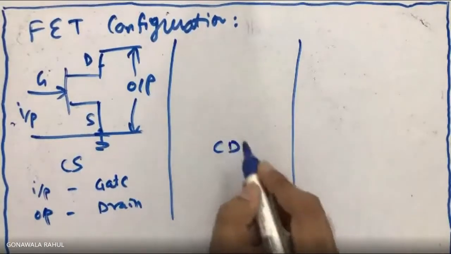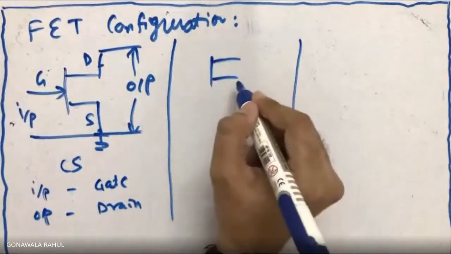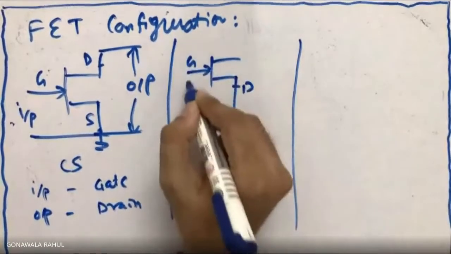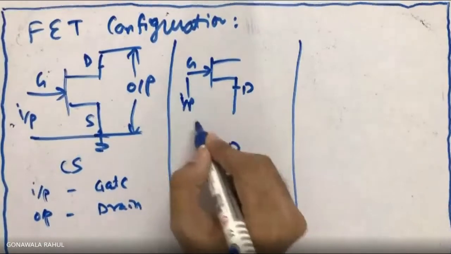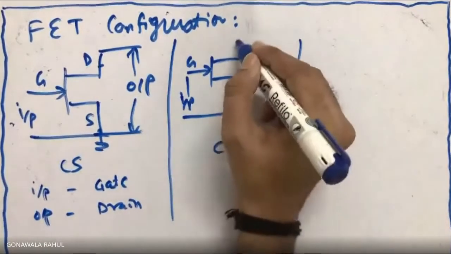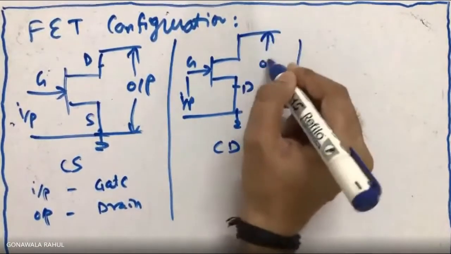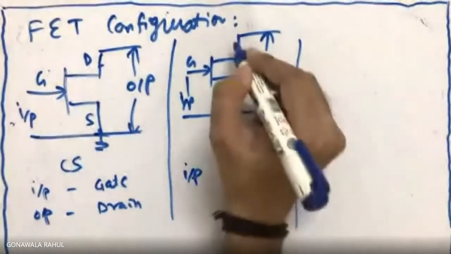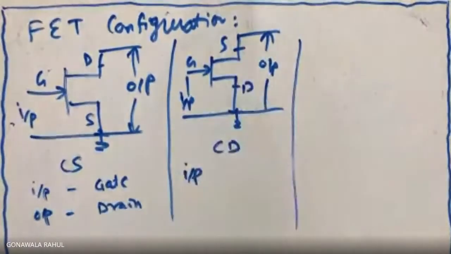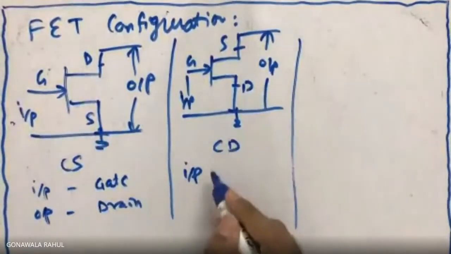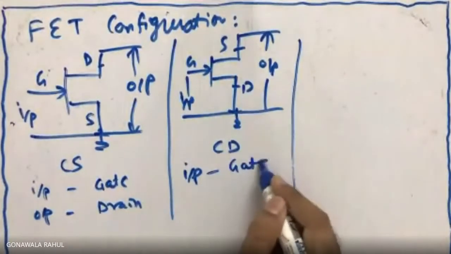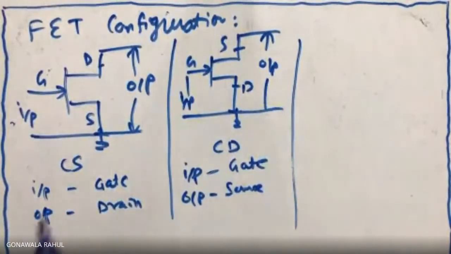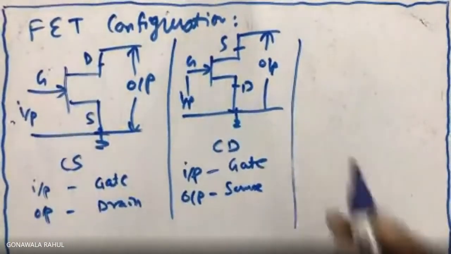Now common drain. In common drain, let's say this is my drain. This is, let's say, input, and output is here. So in common drain, drain is common between input and output. Input is given at gate and output at source.